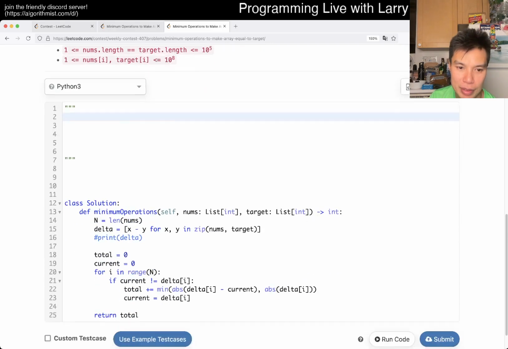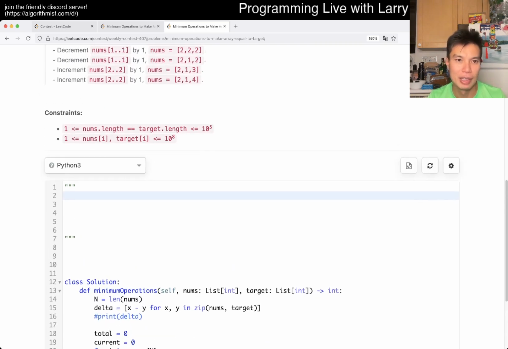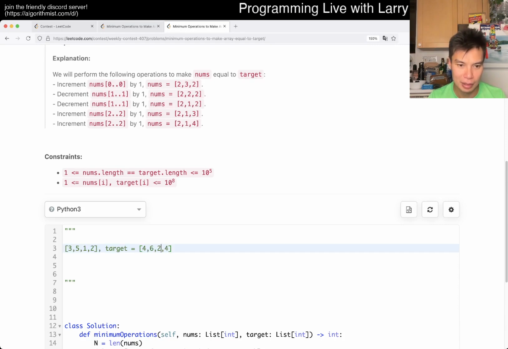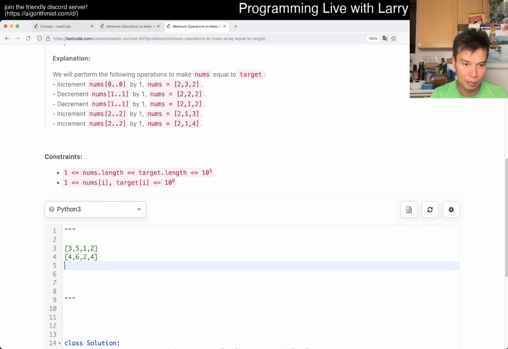This is much of a spoiler anyway. For example, if we have this thing, then we construct this array as -1, -1, -1, -2, because we have to go down 1, go down 1, go down 1, go down 2, and then try to make this all zeros, right?